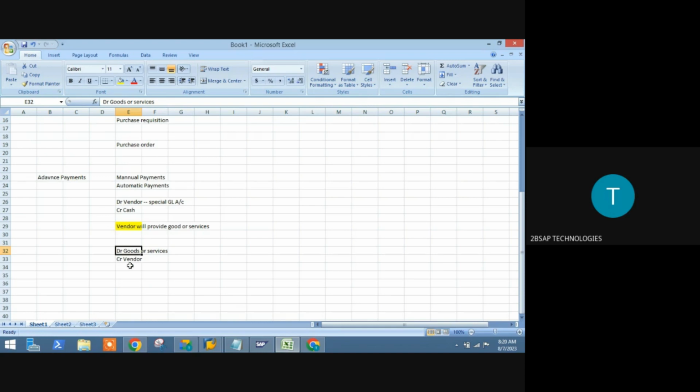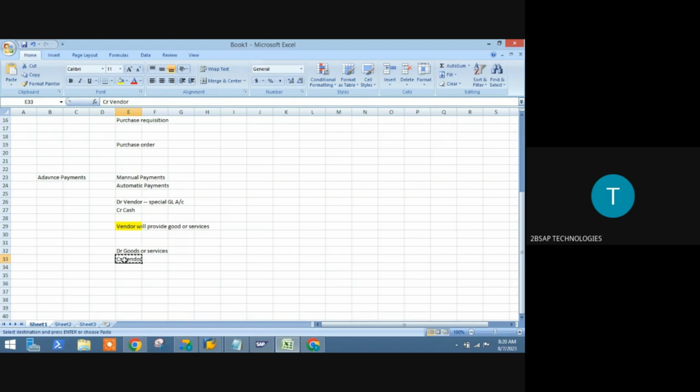That is the reason we use a temporary GL account. In SAP language, we call it the GRIR account, goods receipt and invoice receipt account. That means the GRIR account is going to work as a temporary account or a mediator.